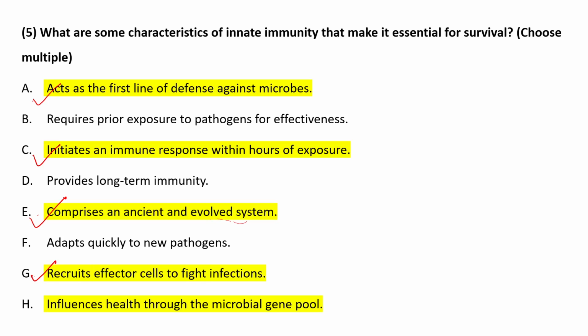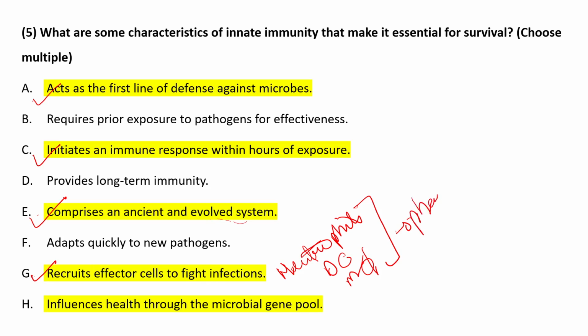These neutrophils, macrophages, and dendritic cells are responsible for causing the phagocytosis of the pathogens. So this innate immunity will recruit these effector cells.